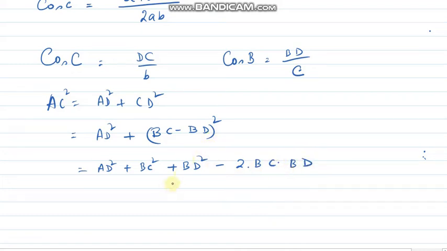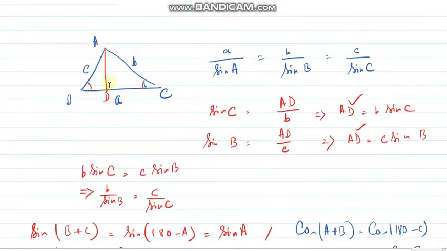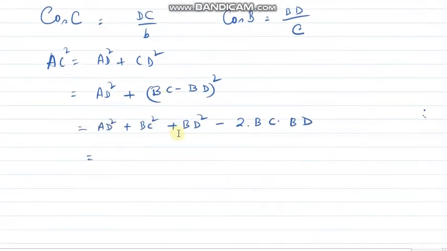Now AD square plus BD square from triangle ABD is AB square. So putting the value of AB square, it will be AB square plus BC square minus 2 into BC into BD.